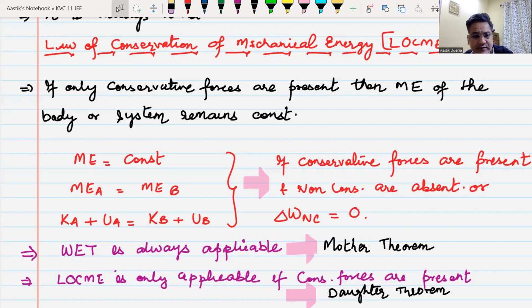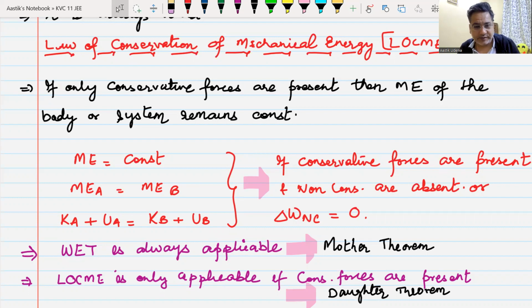It is only applicable where conservative forces are present and non-conservative forces are not present, or if they are present, the work done by them is zero. The work energy theorem, which can be applied everywhere, is known as the mother theorem.